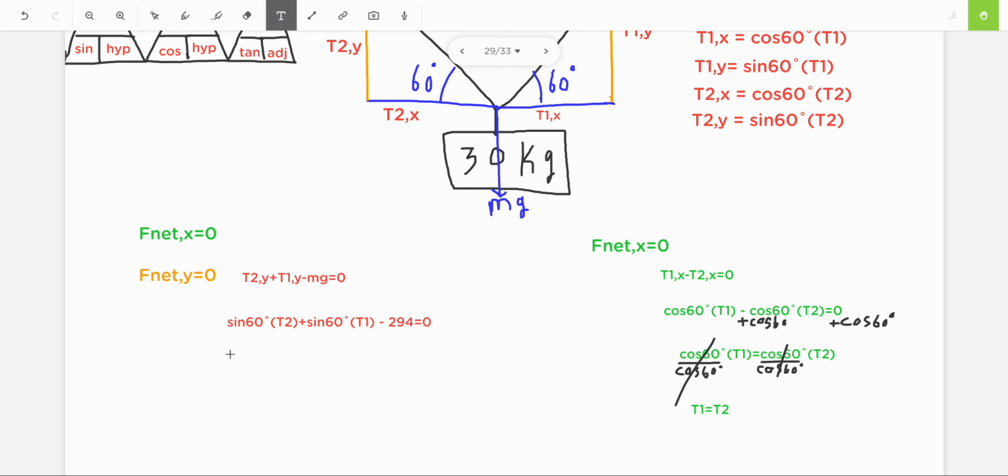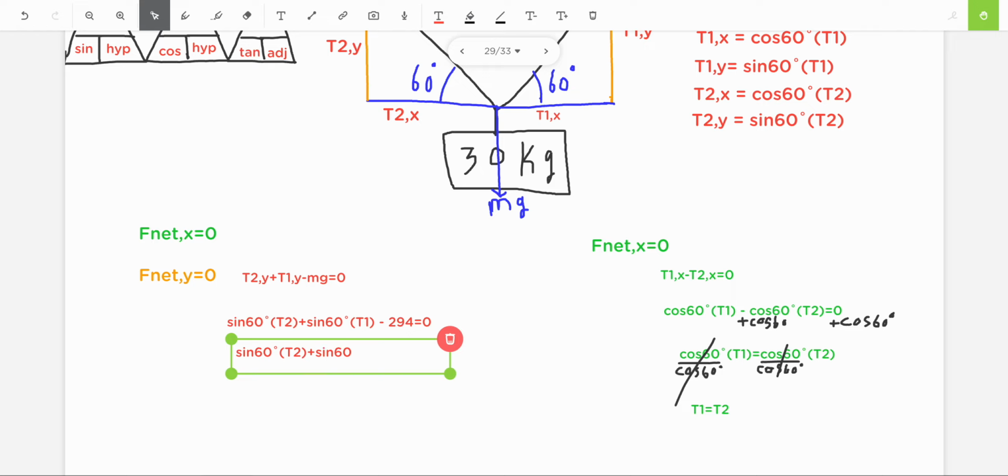So we will write sine 60 degrees multiplied by T2 plus sine of 60 multiplied by T2 minus 294 equals 0.